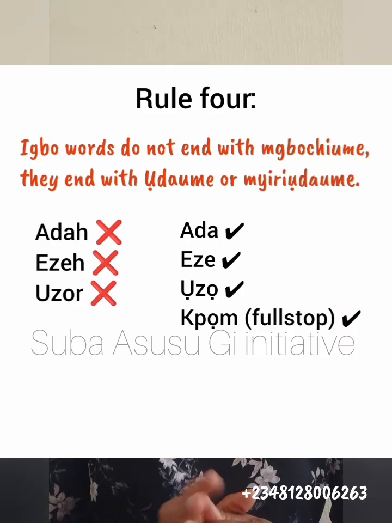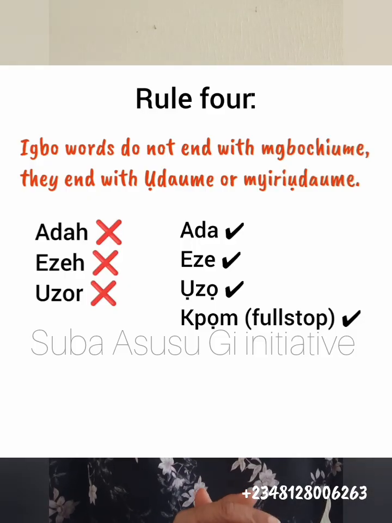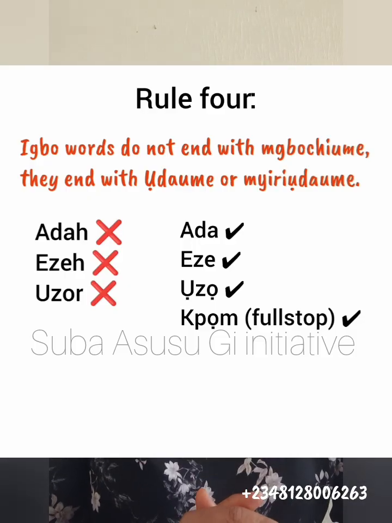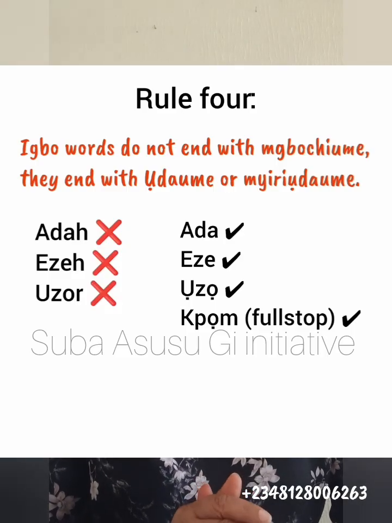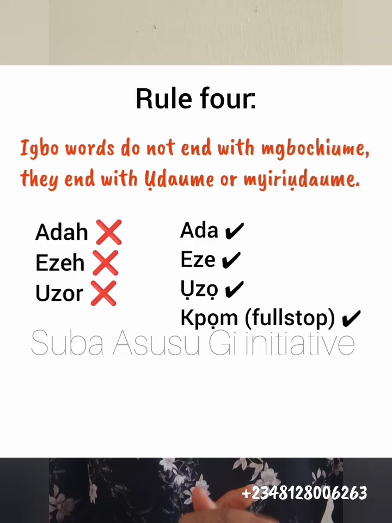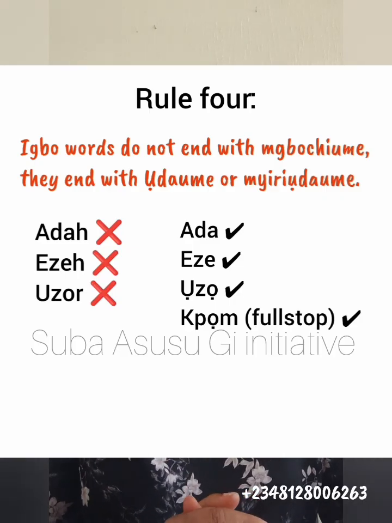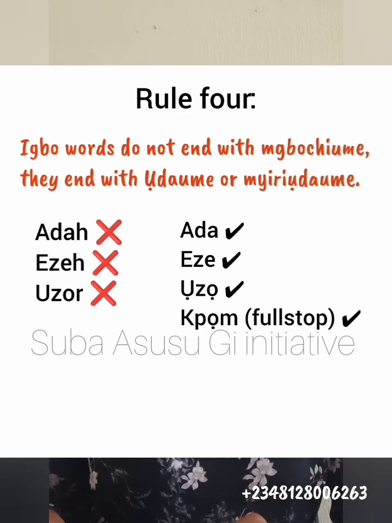Then the second one, Eze, same thing, no H, no he. Third one, Ozo, no R, no Re. In Igbo, that letter is Re. So it can't end the word Ozo because it is a consonant. Okay, I hope we understand up to this point.